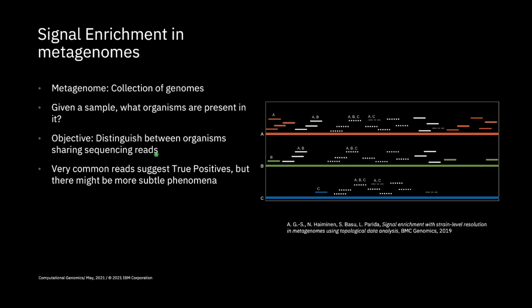It can lead to the problem of getting false positives. Here, a false positive means that you are saying that an organism is present in the sample when it's not. So we want true positives.